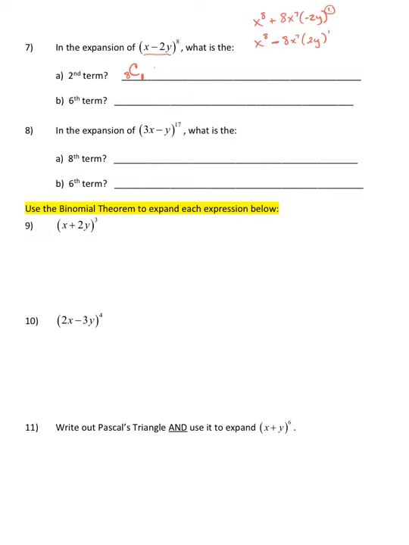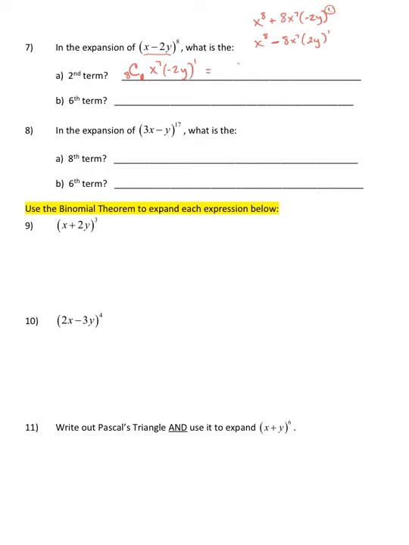So in this x here, the first exponent is always going to be the difference, 8 minus 1 is 7. And the second exponent, the negative 2y, its exponent is always going to be what that second number is, that 1.